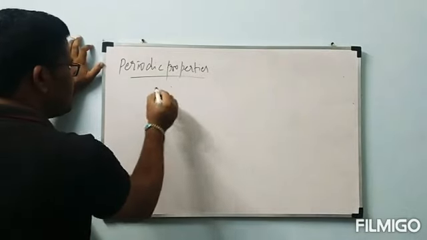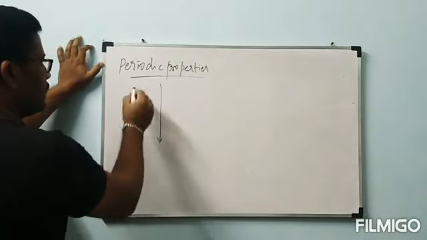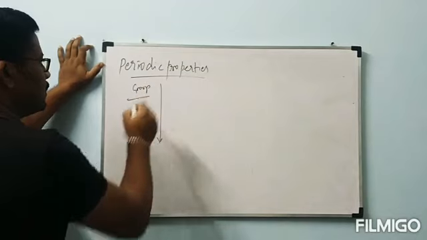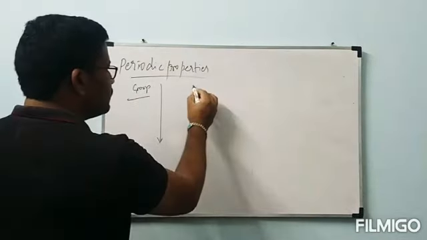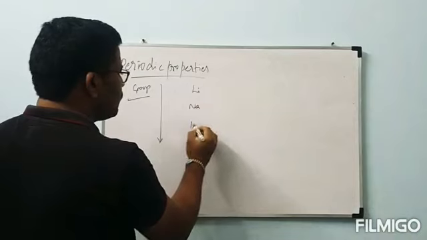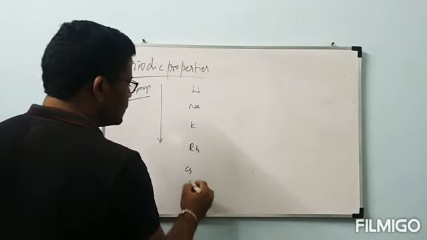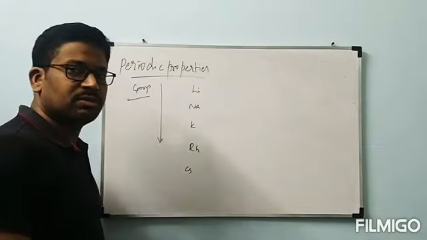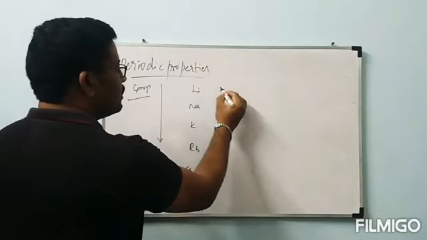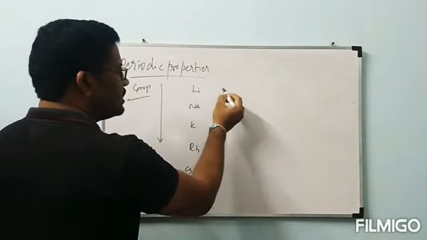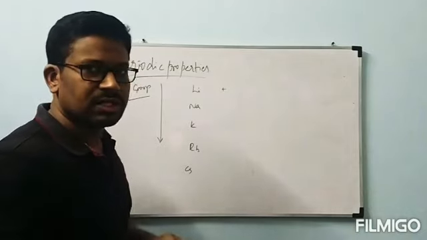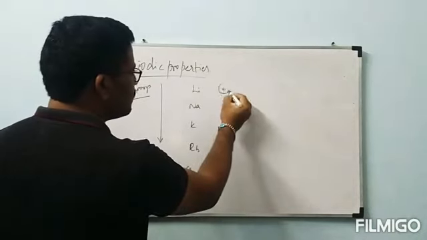First, along a group. Lithium, sodium, potassium, rubidium, cesium. These are the first group elements, in which the electronic configuration of lithium is 1s2, 2s1. It has two shells.